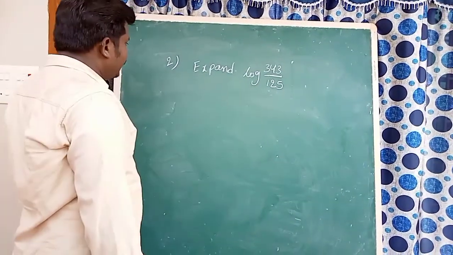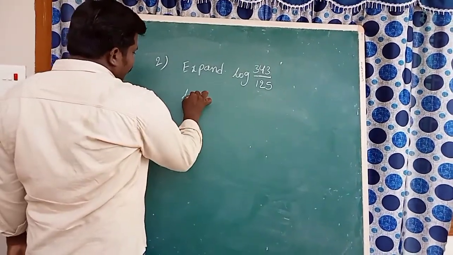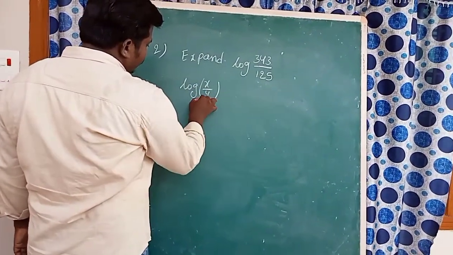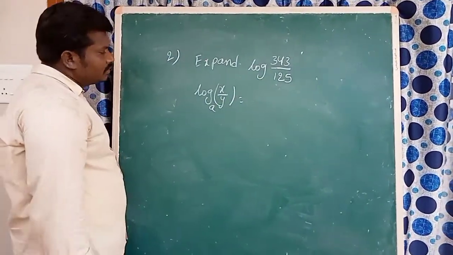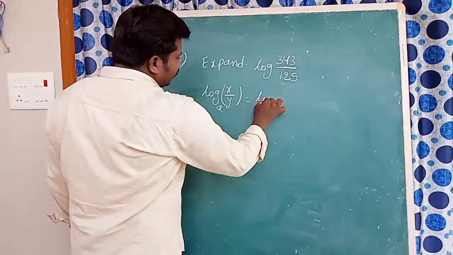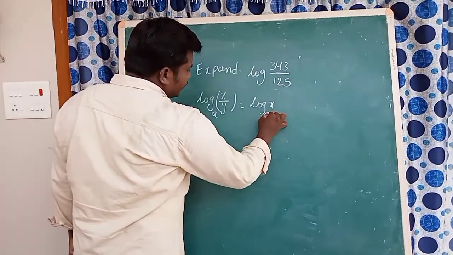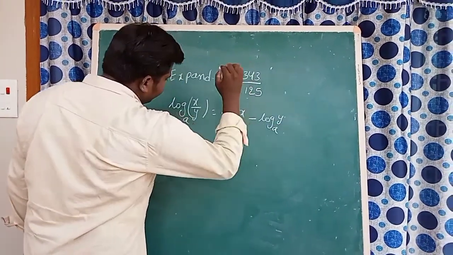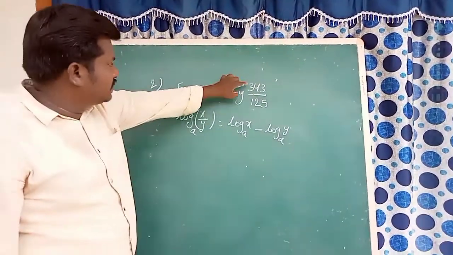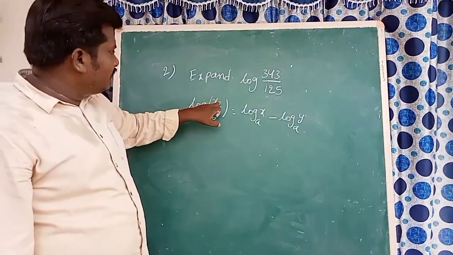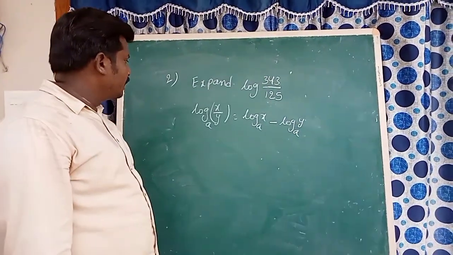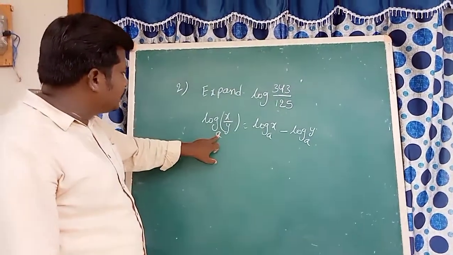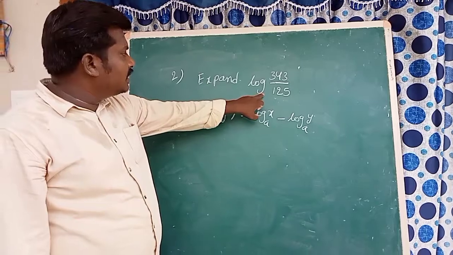Now we know one formula: log of x by y base a is equal to log x base a minus log y base a. Here the x value is 343 and the y value is 125, and the base value is 10.